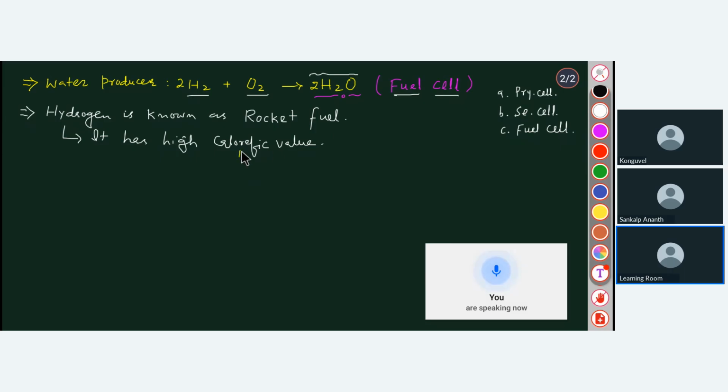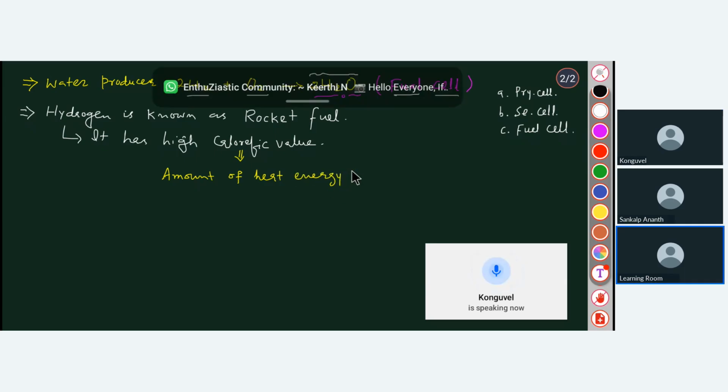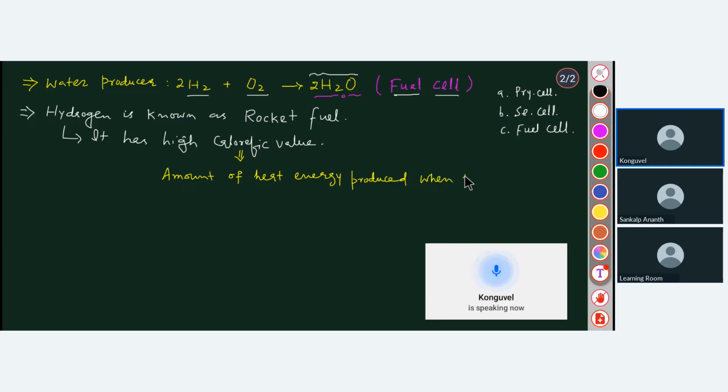Calorific value means the amount of heat energy produced when 1 gram of fuel is burned in excess of air.